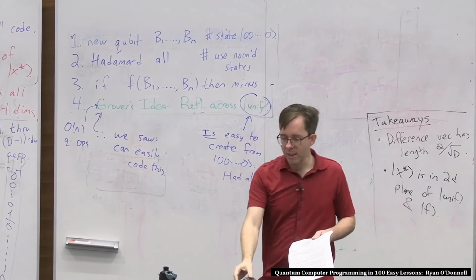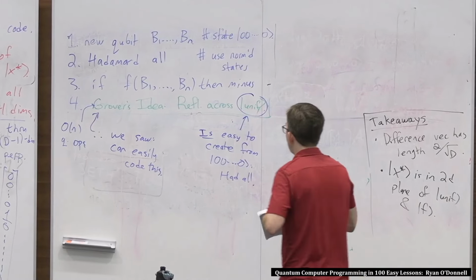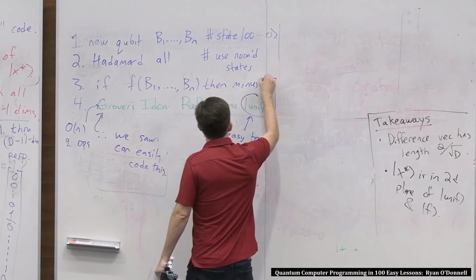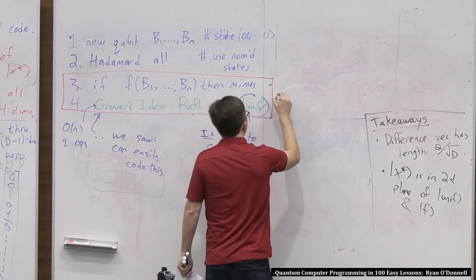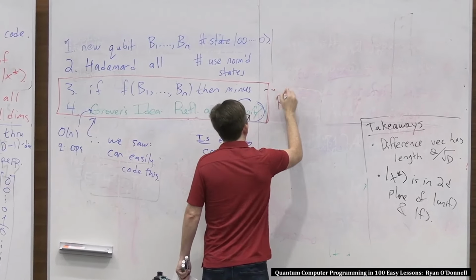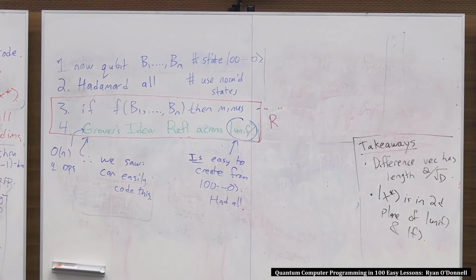I'm going to put line 3 plus line 4 in a box, and I'm going to call this box R. So I'm just calling this giant composite instruction, 3 and 4, R.